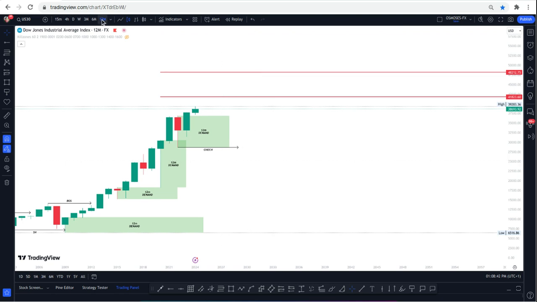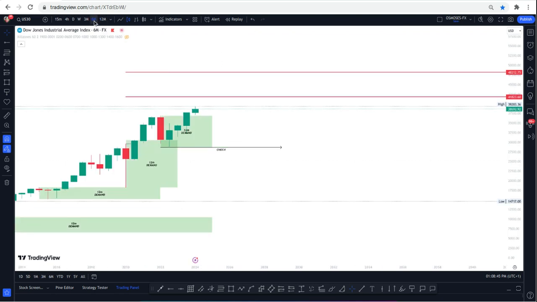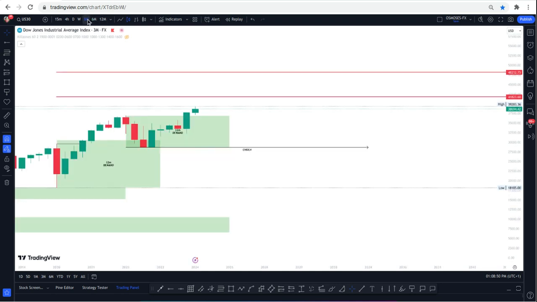So let's go down to 6 months, which is the next immediate, and still we have the same setup.